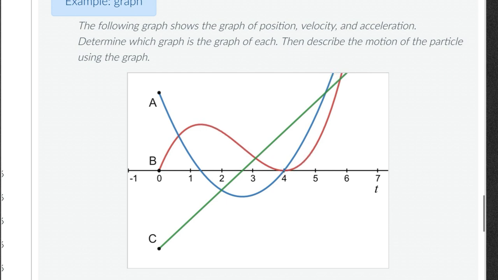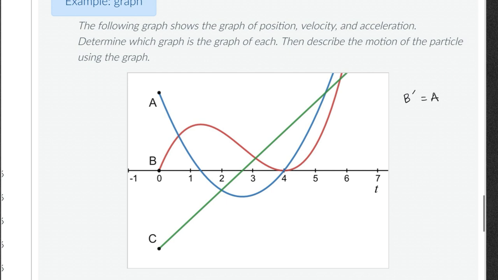More than that, at the point where the red graph has a peak, there should be the derivative of 0. At the point where the graph has a valley, there should be the derivative of 0. And so we know from looking at the graph of A, the derivative of B, which we will write B prime for now, is A.